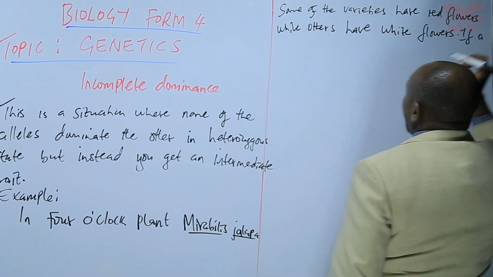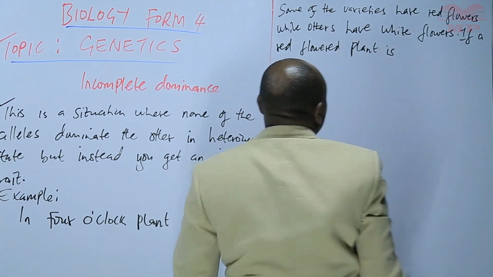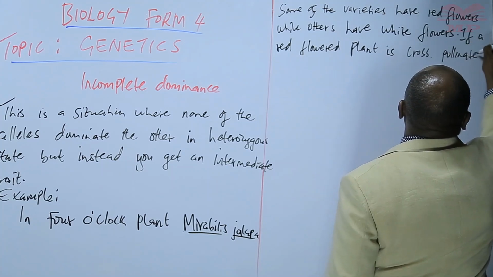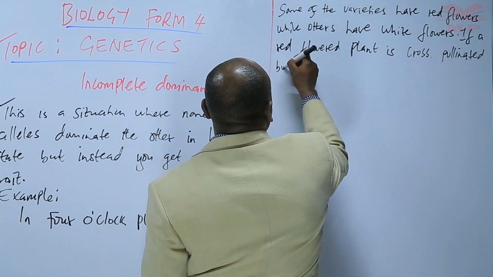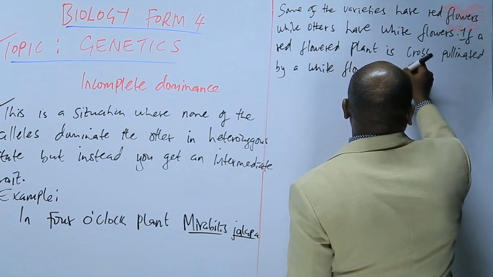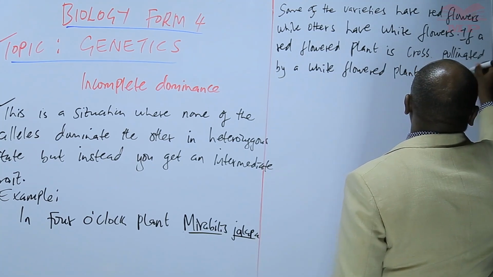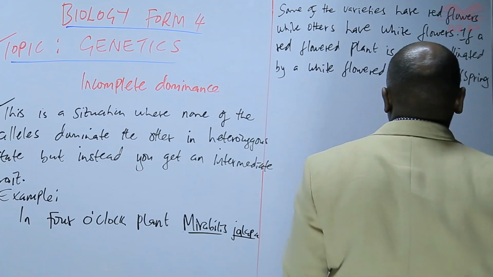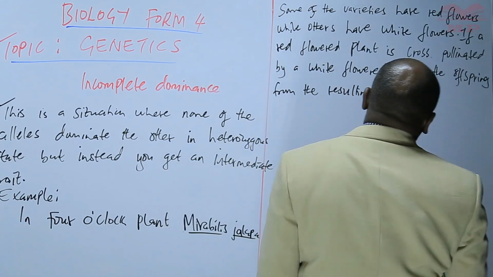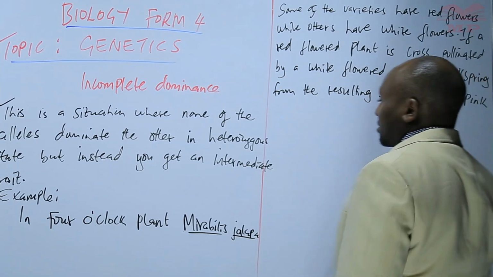If a red flowered plant is cross-pollinated by a white flowered plant, the offspring from the resulting seeds produce pink flowers.